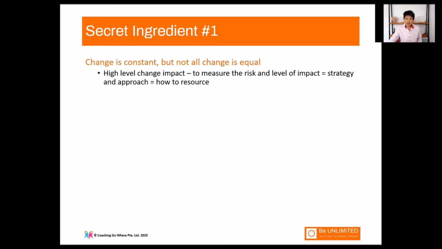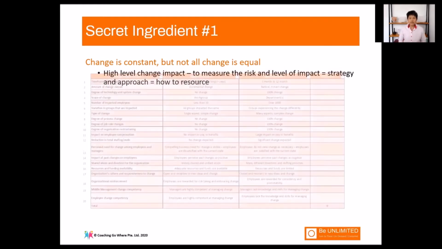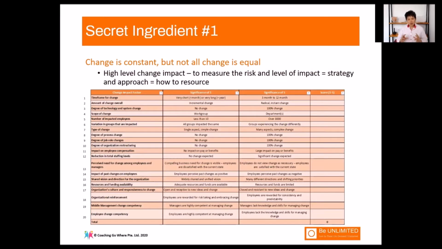So let me just show you one of the tools we use when we're looking at how to decide what approach and strategy you should use for your change initiative. Essentially, there are 20 criteria that you want to measure the risk of your project and your program in terms of change.